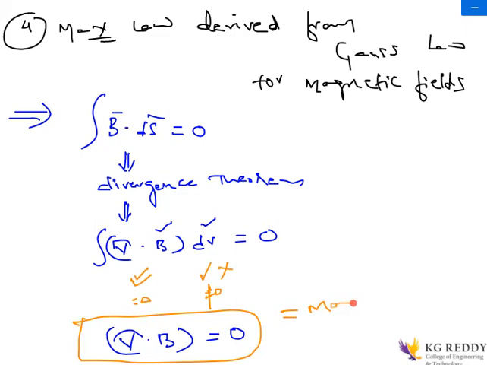You can say Maxwell's fourth law. In the previous lecture we saw Maxwell's laws for static fields, and in this video we have seen Maxwell's laws for time varying fields.